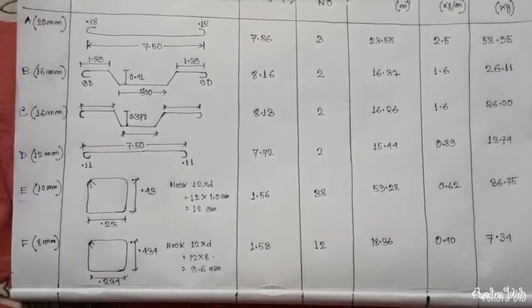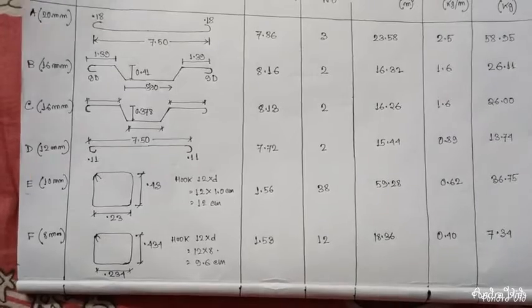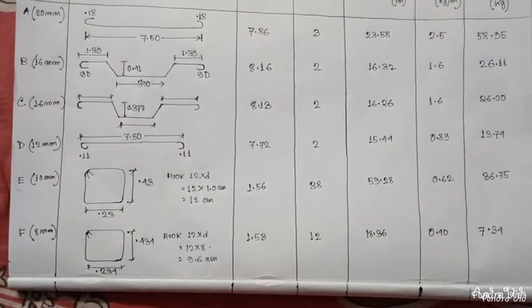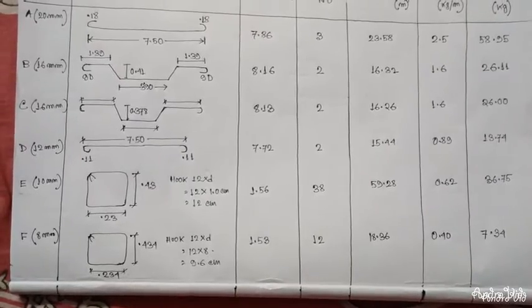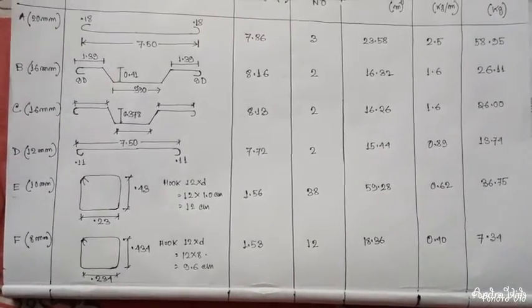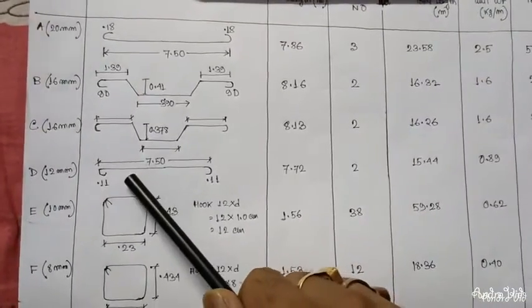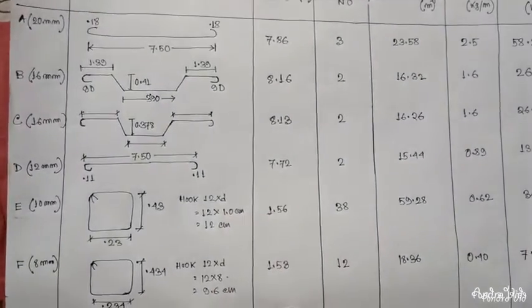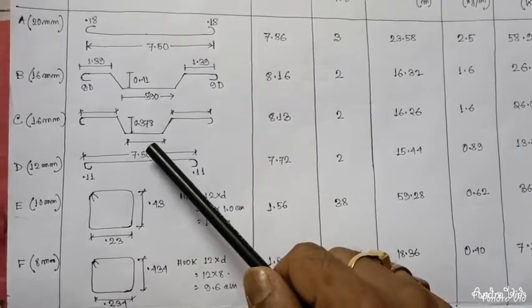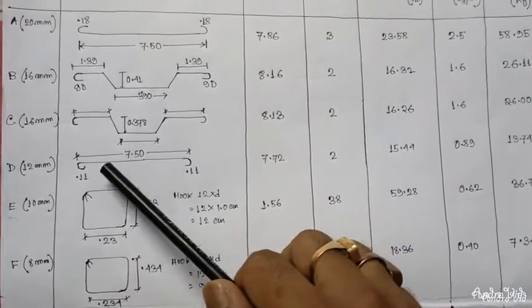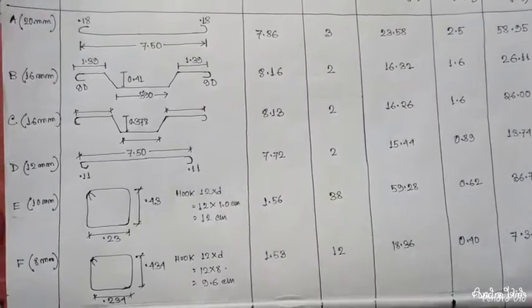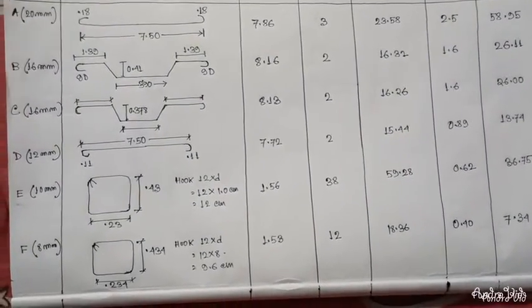And the next bar, the fourth bar, is type D 12 millimeter diameter anchor bar. This is the shape of this bar, and these are the dimensions of this anchor bar that we have already calculated in our last video.